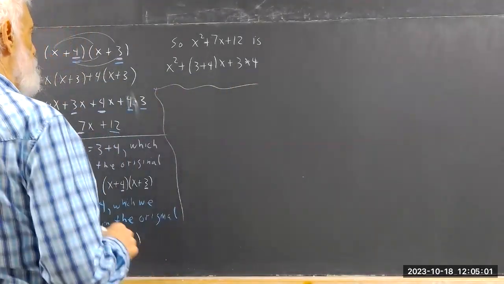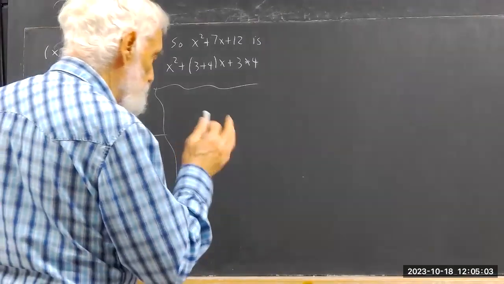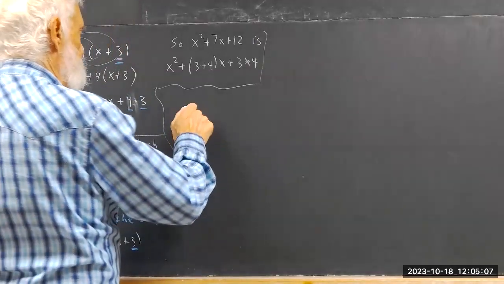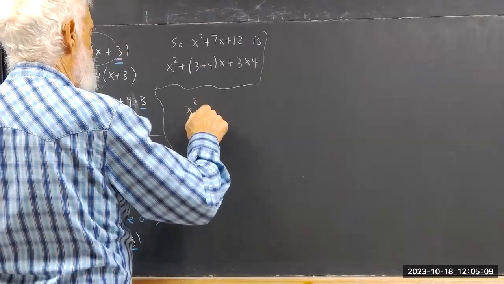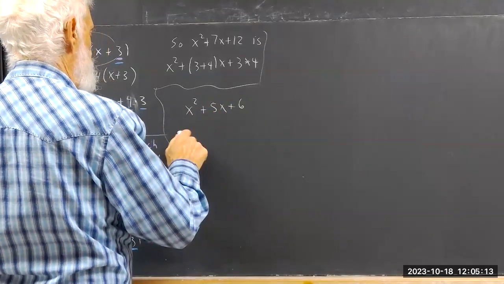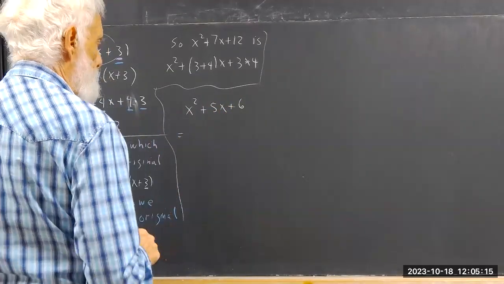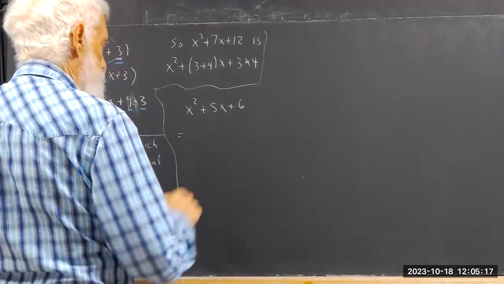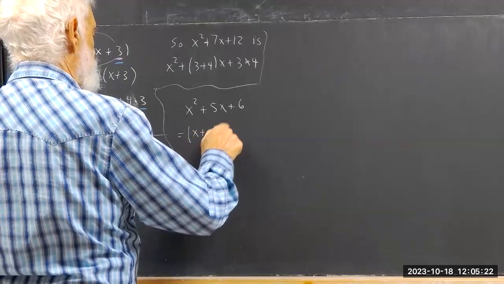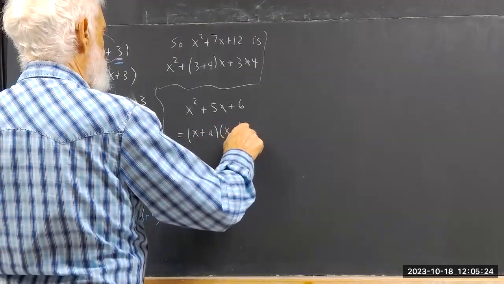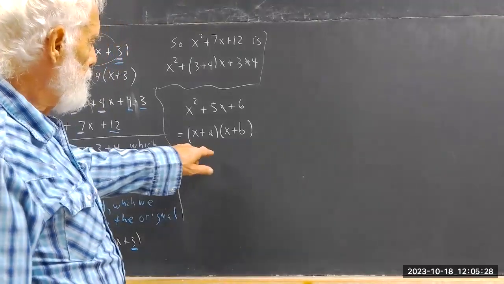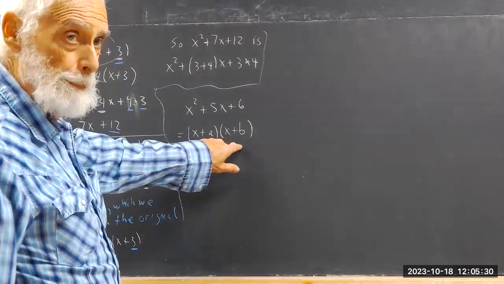Now here's what's going to get a little tricky, a little ugly on the arithmetic. I'm going to write x squared plus 5x plus 6 equals x plus a times x plus b.